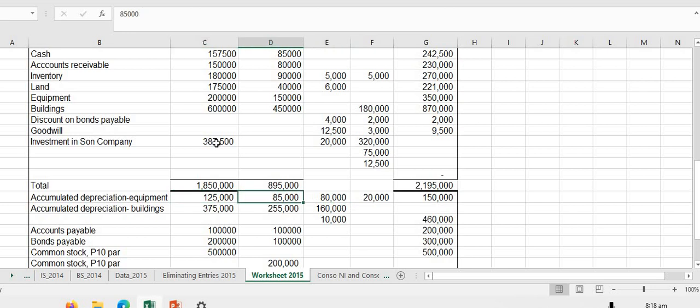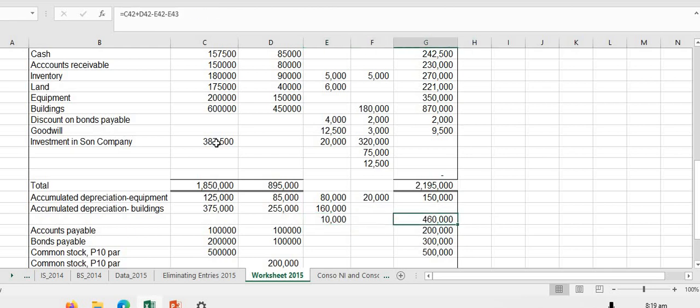Then yung accumulated natin is actually 125 plus 85. Na balances ni parent, the subsidiary, less the undervaluation natin, plus 20,000, they have 150,000. Okay? Yung accumulated depreciation buildings natin, 375 plus 255, less 160, less 10, no?